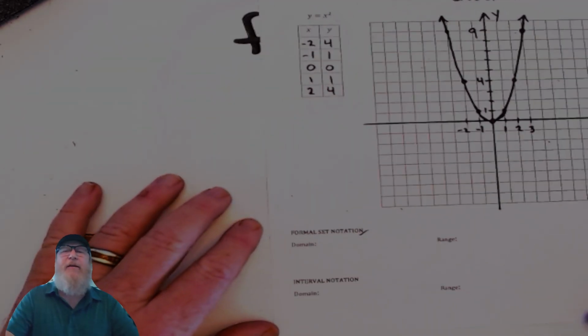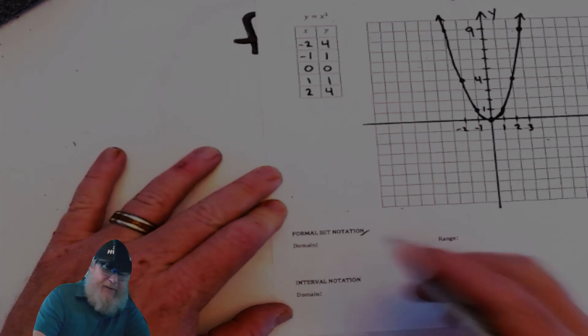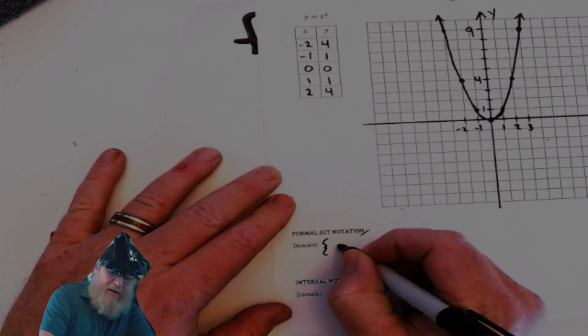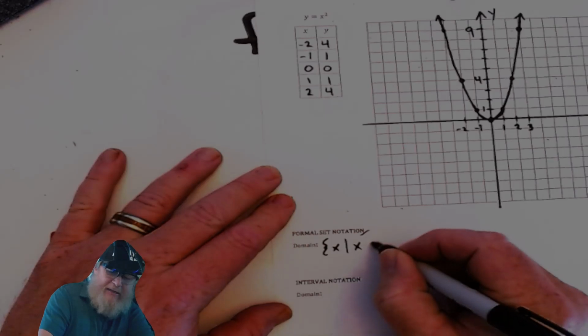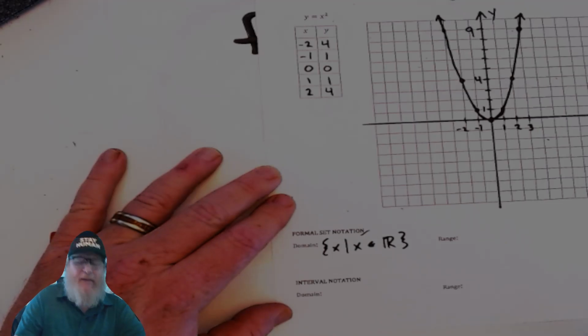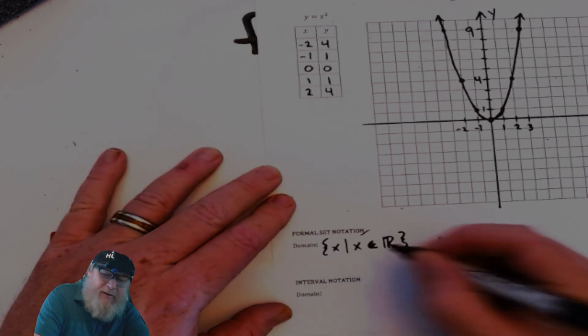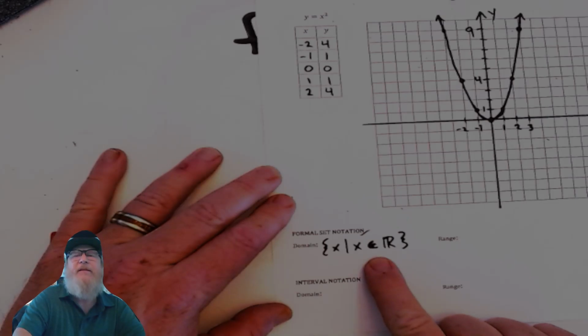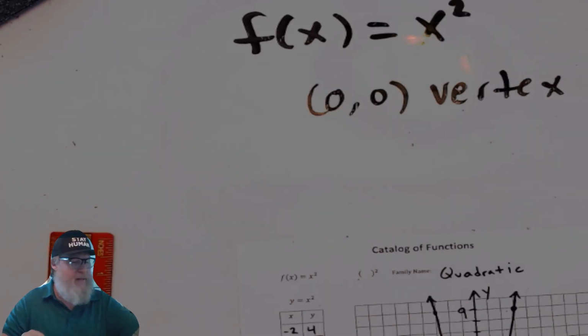So let's go down here and do the domain and range. Again, the domain is the set of all x such that x is an element of the real numbers. This little e symbol here is an epsilon. I'm not sure if I mentioned that earlier.